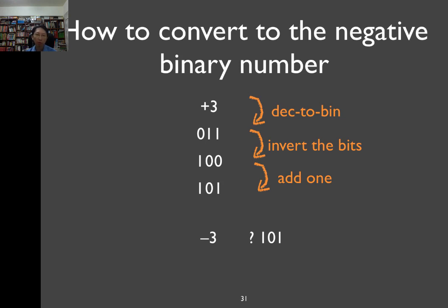This is the conversion from 3 to -3. Let's do a quick check. 101 using the signed integer algorithm: the leading bit is minus 2 to the second power, plus 0 plus 1, and it is indeed -3. So this algorithm works. This algorithm is good, no problem.